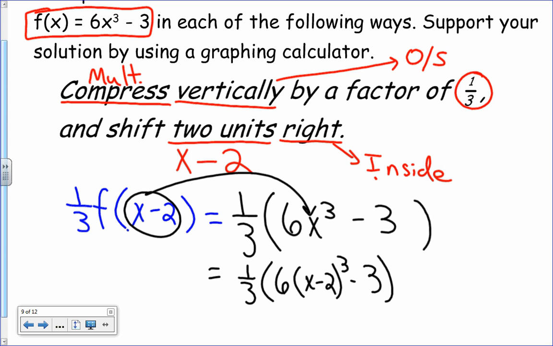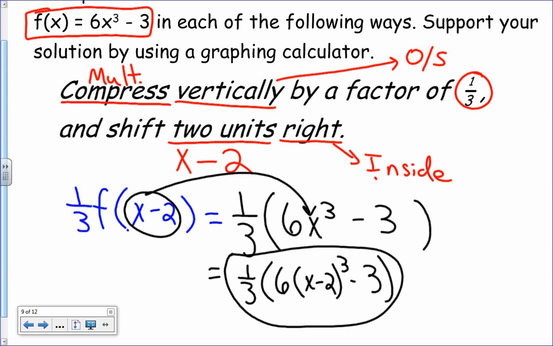Really, you would need to put 1/3 f of x minus 2. I'm not going to make you write that, though, okay? You can leave it just like that. There are other ways to write it, but I don't care if you leave it like that. Let's make sure we got everything. Do we have our multiplying on the outside by 1/3?